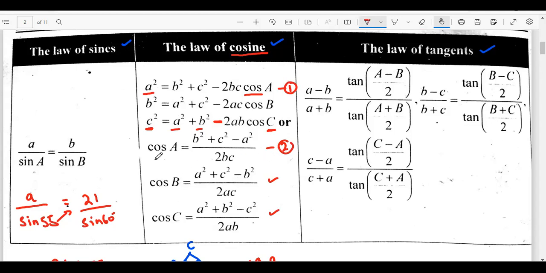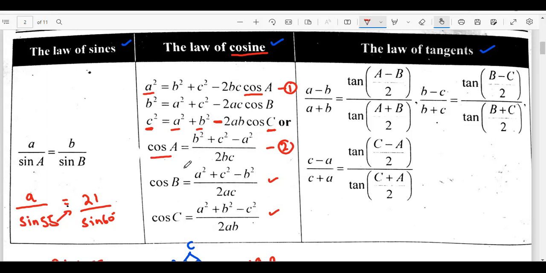I know that you can make cos a the subject in exam, but I'm telling you, honestly speaking, I've given NET myself as well, you would not be having this much time, okay? So if you have all the three sides and the question is about finding any angle, you should just know which formula to be used, okay? So you'll be using the law of cosine.